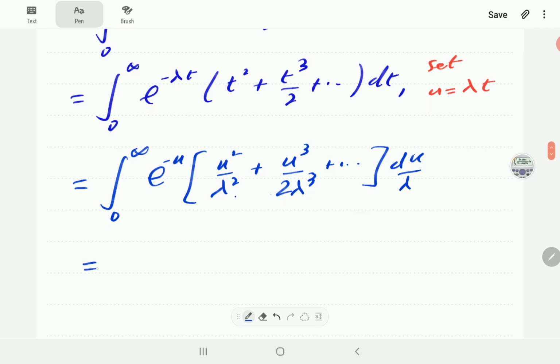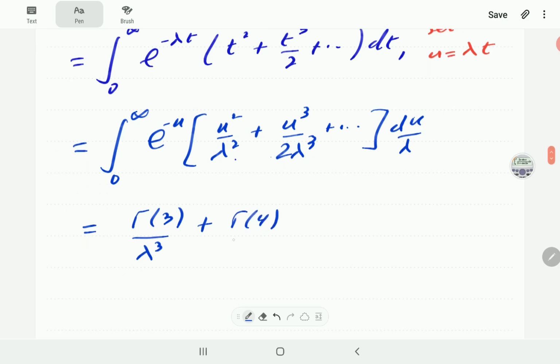Then we are going to integrate this using gamma functions. The first term is going to give us gamma of 3 divided by lambda cubed. The second term is going to give us gamma of 4 divided by 2 lambda to the power 4.